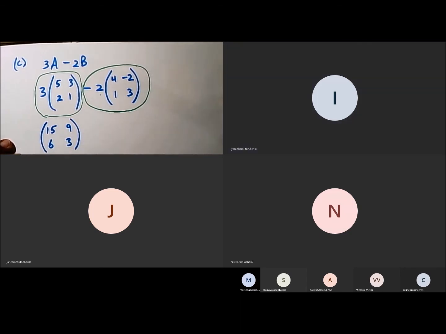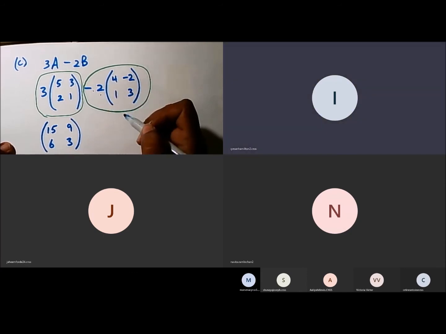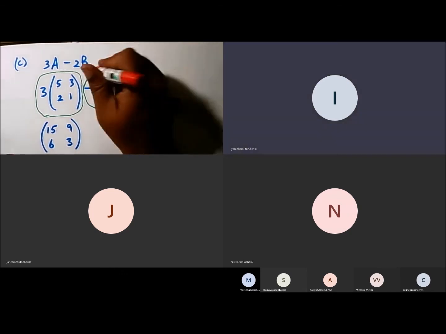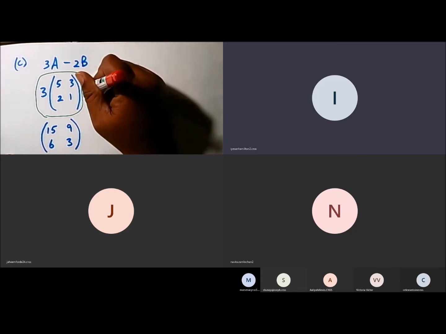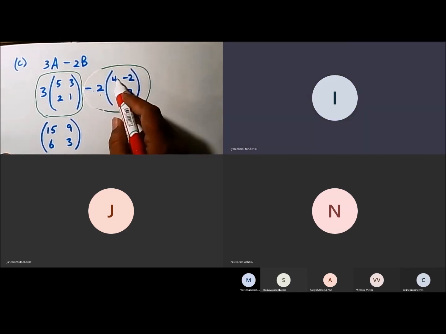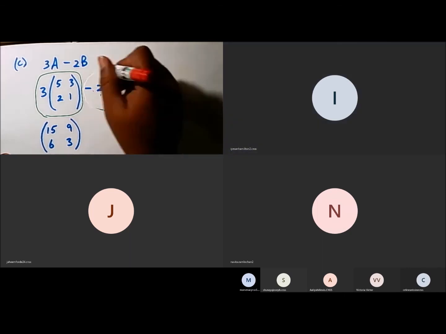Next, let's go carefully here. Minus 2 times 4. Oh, I think I have made a problem here. I think I will have to leave that minus out, because if I multiply that minus 2 to everything inside, I will have to change it to a plus here.